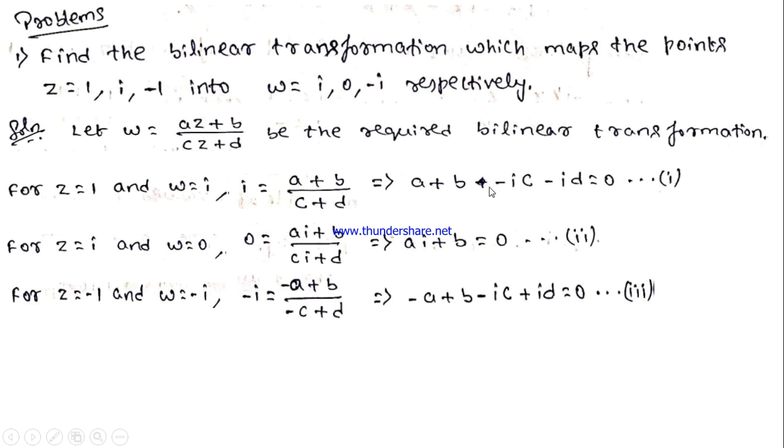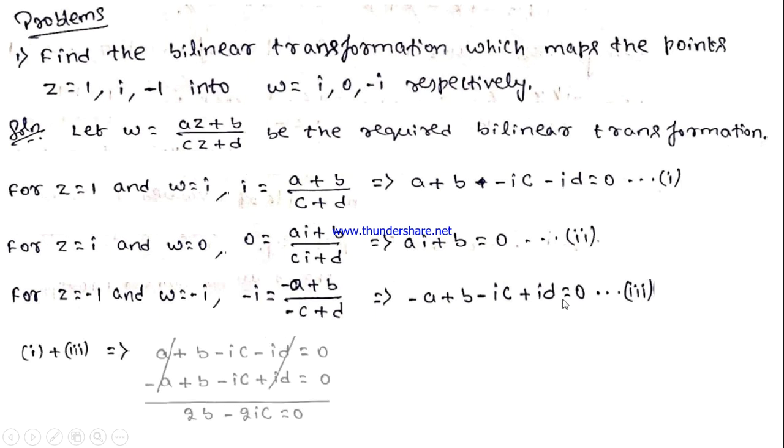Now we are going to reduce these three equations into two equations with three unknowns. How to do that? Here we have a and b as the two unknowns. Now I will use equations 1 and 3. If I add equations 1 and 3, minus id plus id cancels, plus a minus a cancels, and I will end up with 2b minus 2ic equal to 0. That is nothing but b minus ic equal to 0.